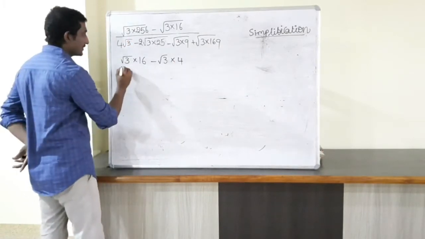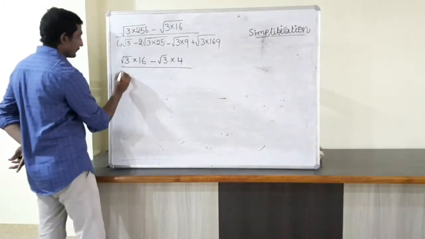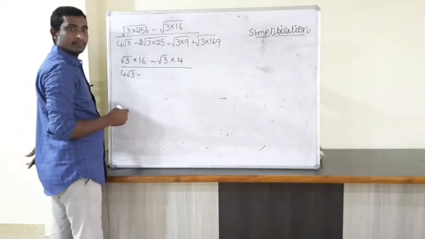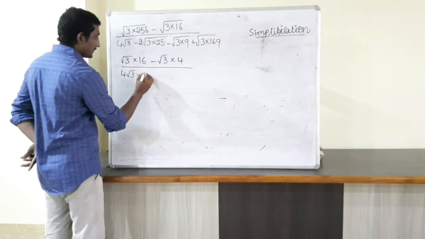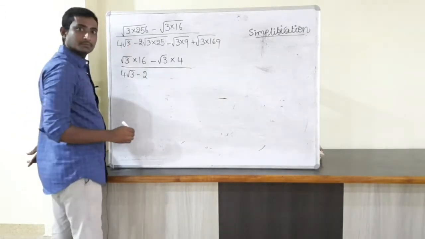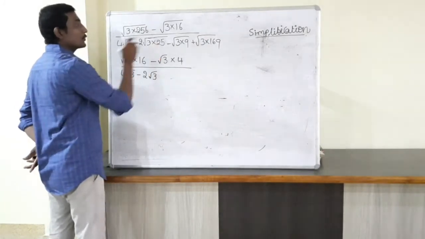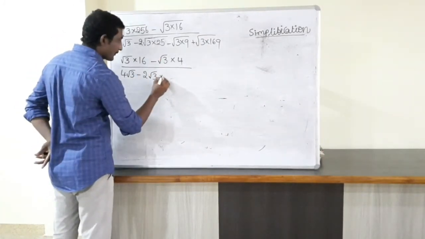Now 4 root 3 minus 2 root 3 root 25, how much? 5.